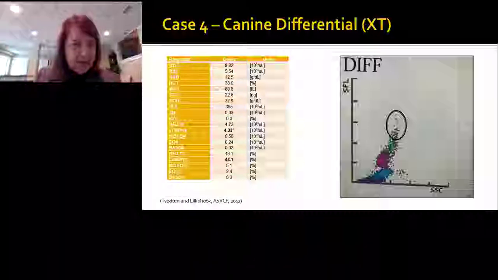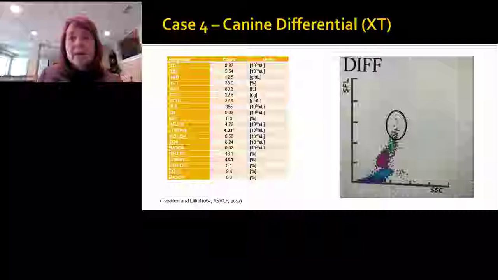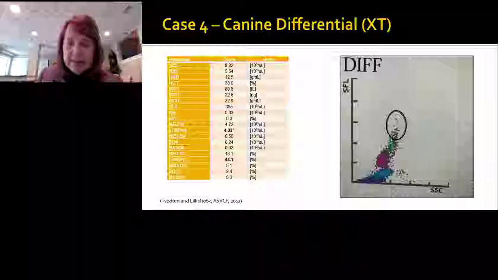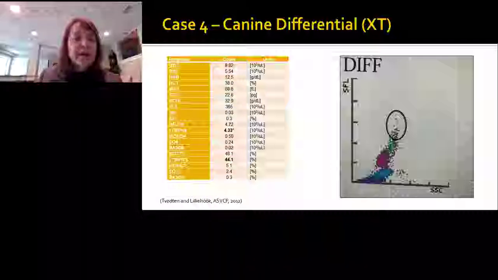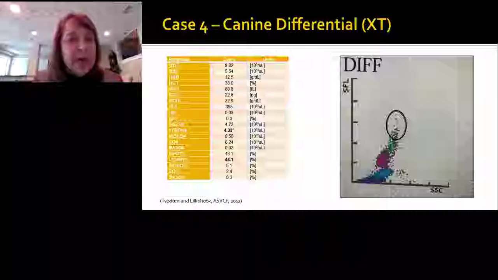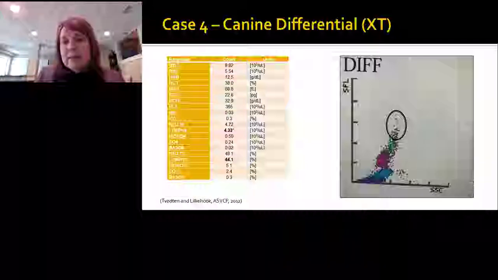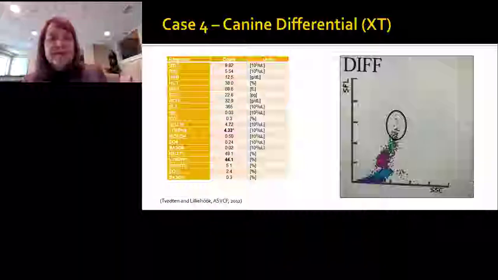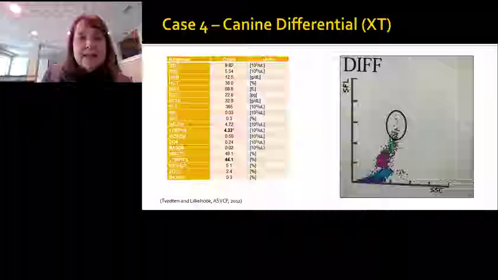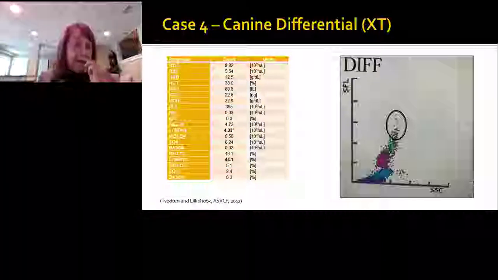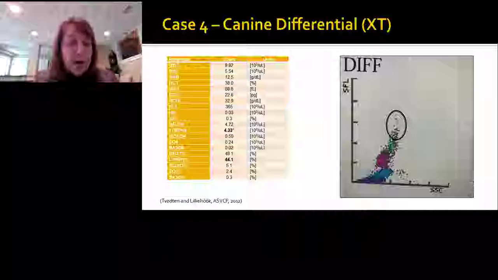This leads me to question whether these are truly monocytes. So it certainly drives you to look at your data more closely. And in this case, I do have somewhat higher lymphocytes, but I don't really have any other clue of what might be going on.